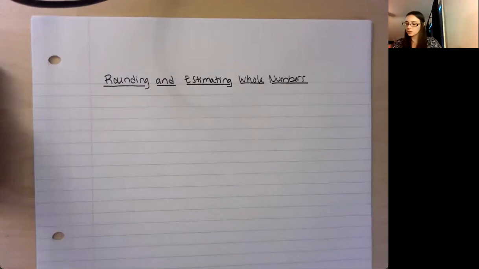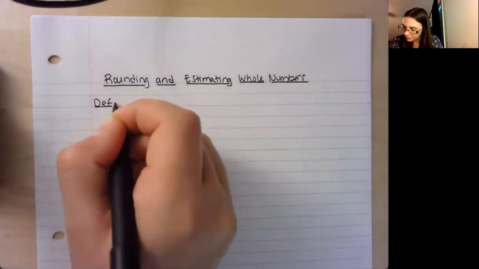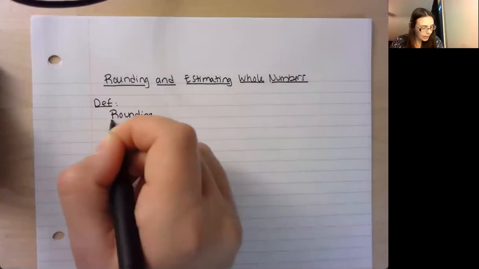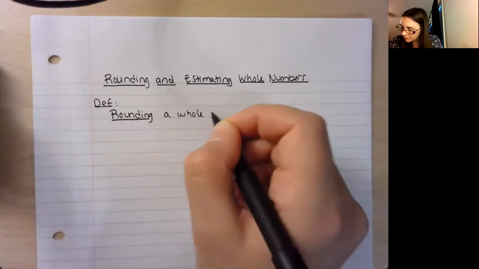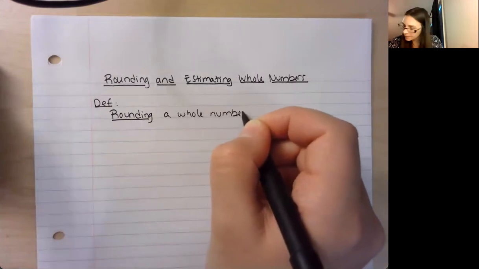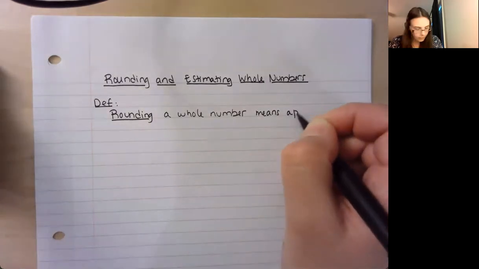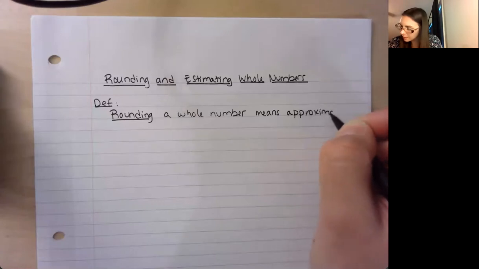So we're going to be doing just rounding and estimating in this video. So some quick definitions, or one definition to start. Rounding a whole number means approximating it.